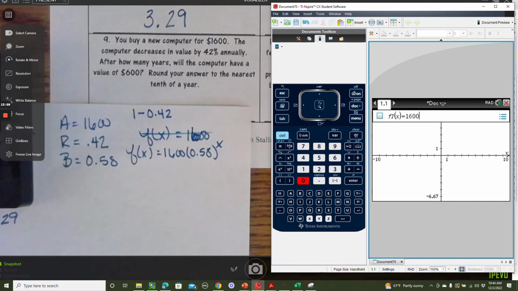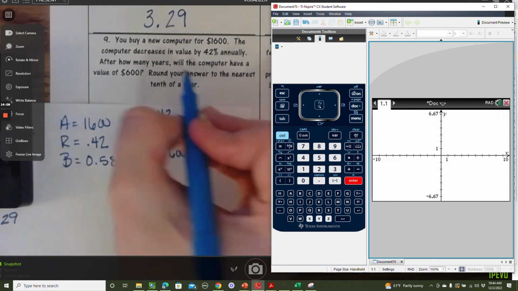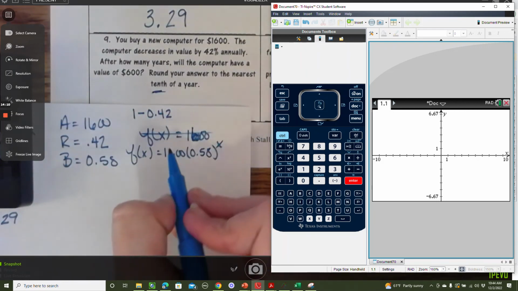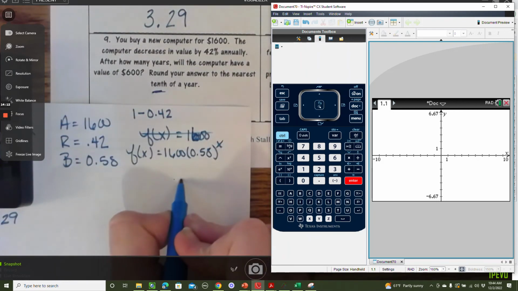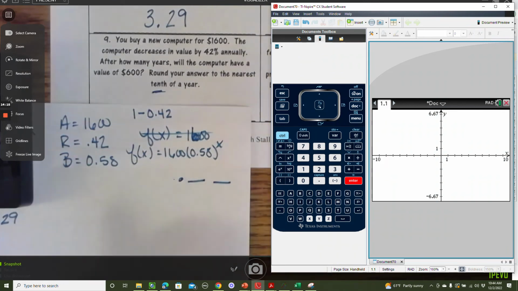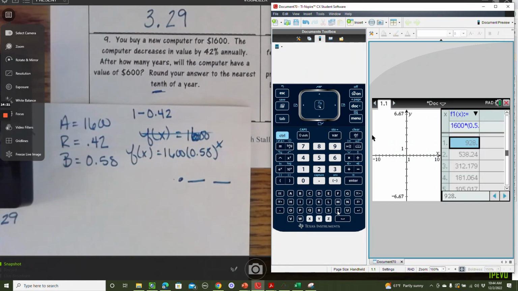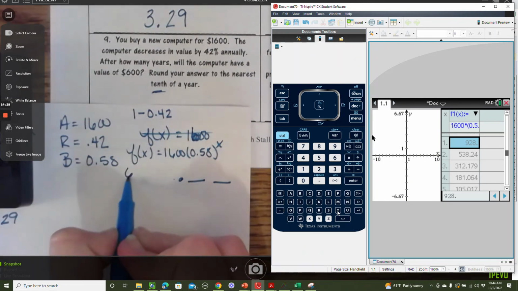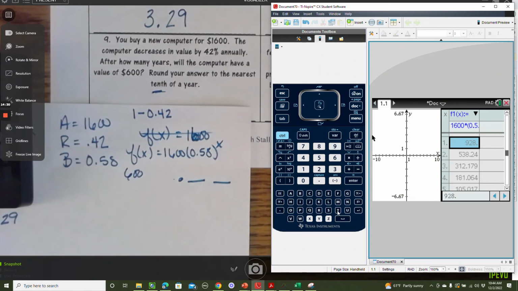All right, 1,600 times 0.58 to the x. We're looking for 1/10 of a year. So here's what Michaela said. If we know we're looking at a 1/10 of a year, we know we've got to find an answer with 2 numbers after the decimal and then round. So you could pull up your table. It's 600.